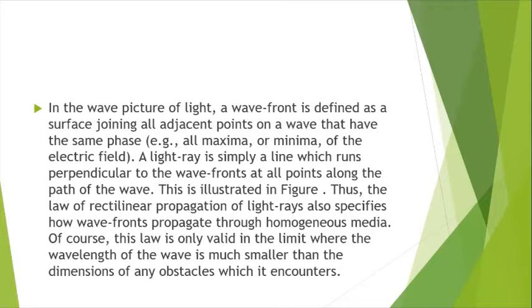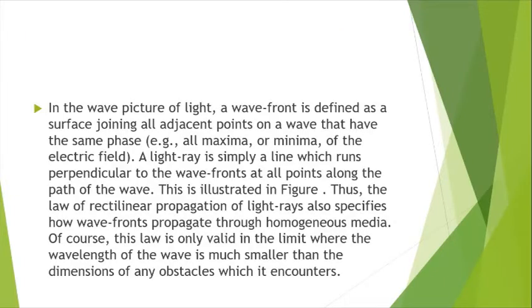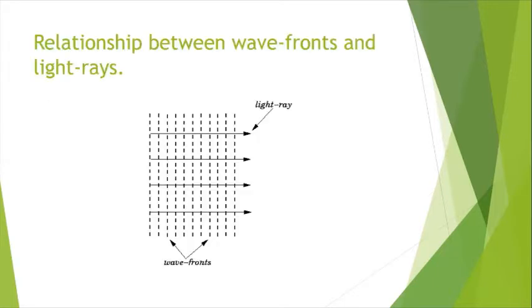Okay, makikita natin dito yung law of rectilinear propagation, ibig sabihin that is straight line yung kanyang pagpapropagate ng light rays. It also specifies how wave fronts propagate through homogeneous media. Okay, makikita natin yung wave fronts, yung broken line na nasa vertical.